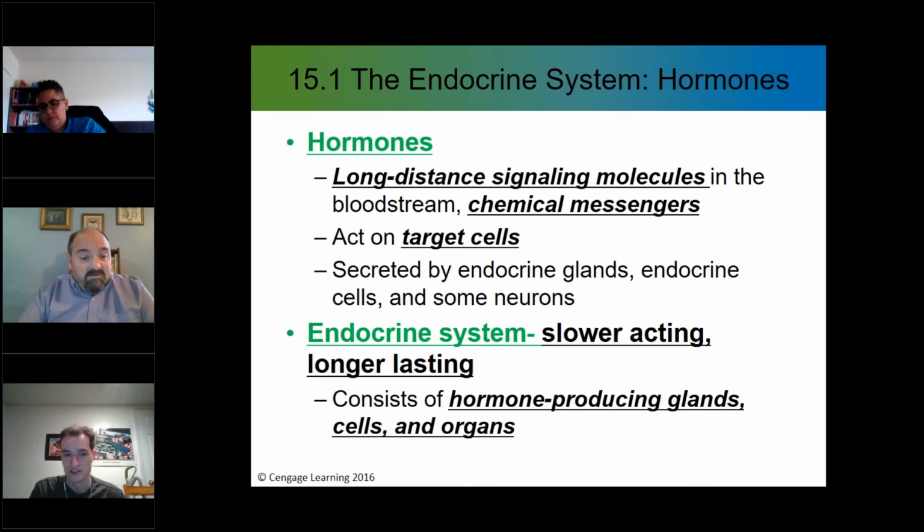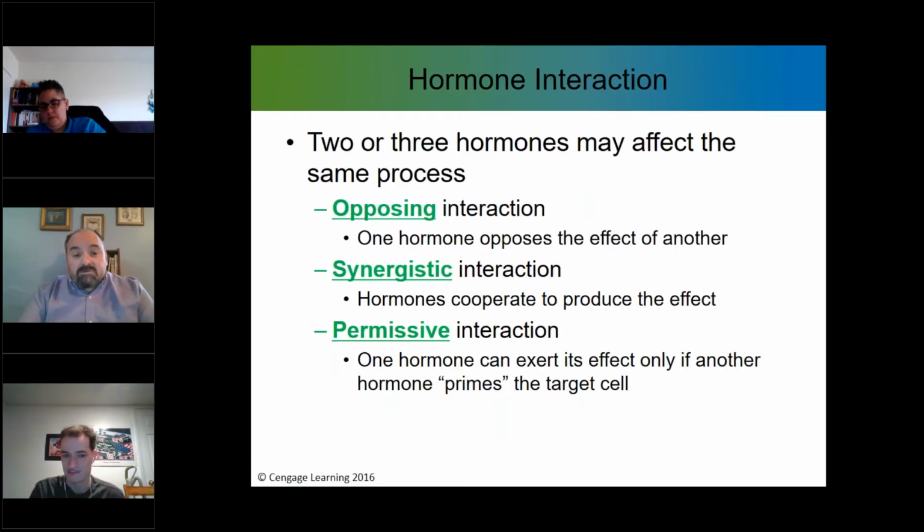But the endocrine system can have a longer lasting effect. It consists of these hormone producing glands, cells and organs. So we have the glands that are producing the hormones, which travel in the blood, and then the tissues that are being affected by those hormones.